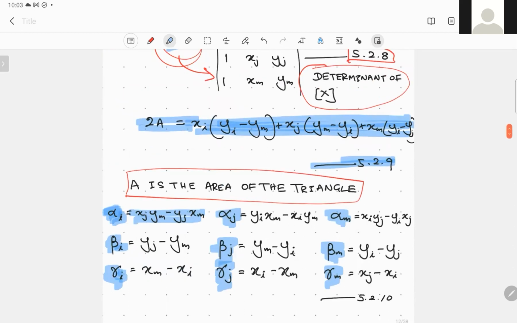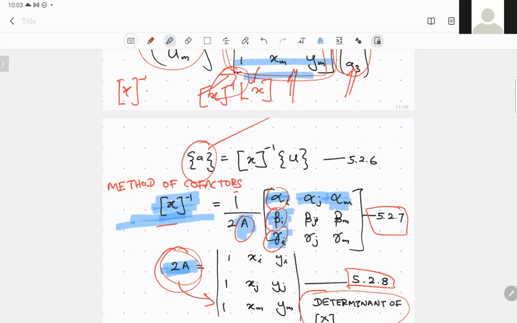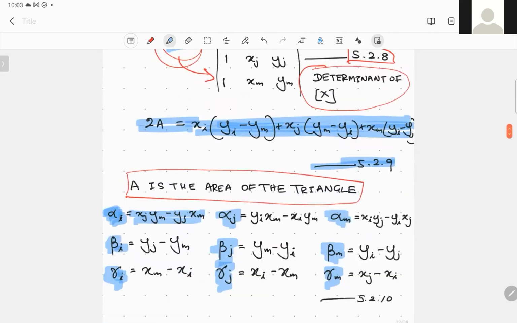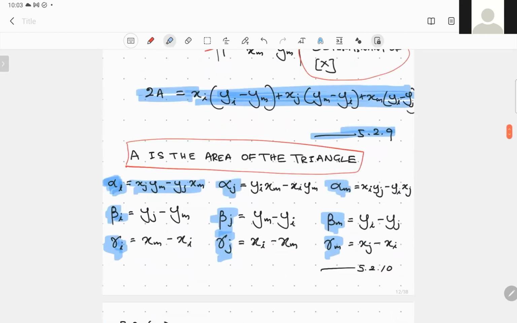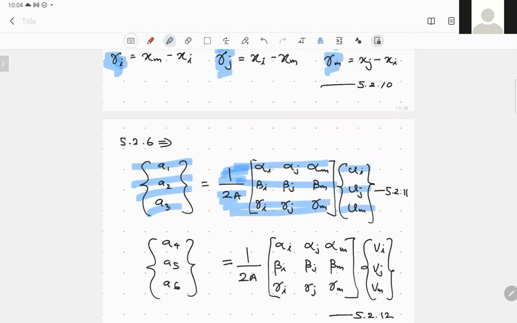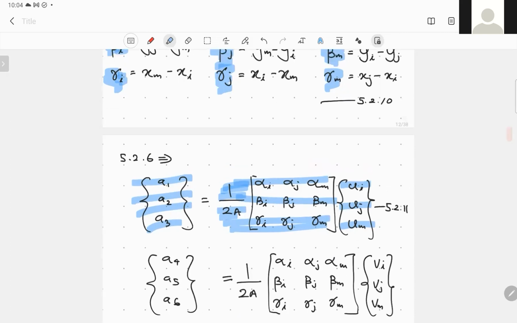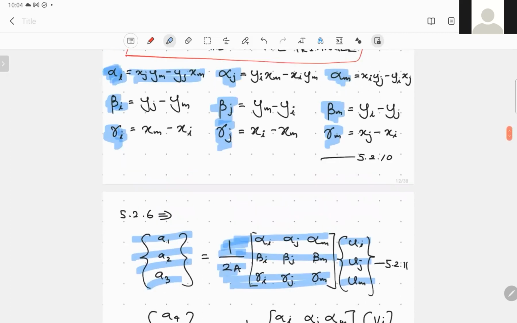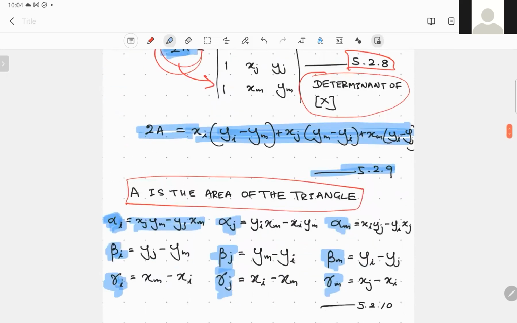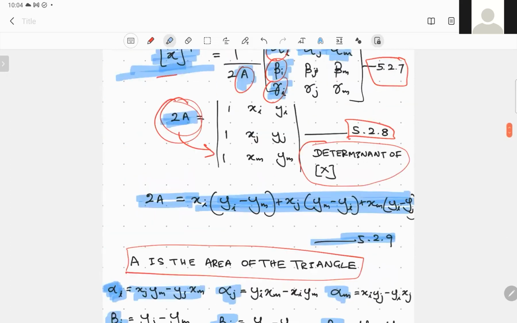X inverse is nothing but 1 over 2A, given by alpha, beta, and gamma here, multiplied by the displacement function in the x direction, taking into account the three nodes. Similarly, how can we find the other three components corresponding to displacements in the y direction, that is a4, a5, and a6?